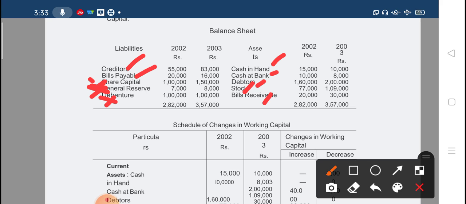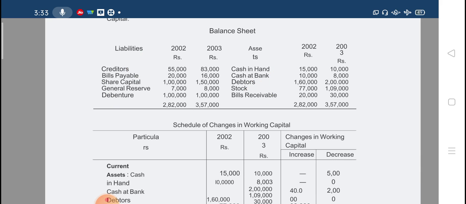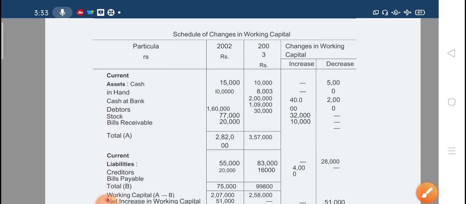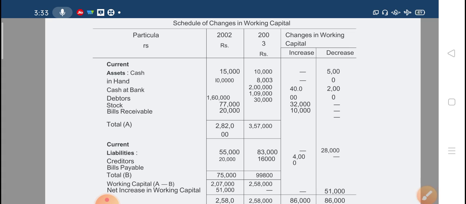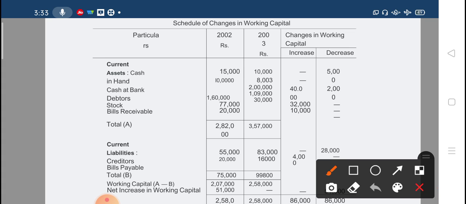Now let's come to the statement. This is how a statement should be written, a schedule to know the changes in working capital. So 5 columns will be there.